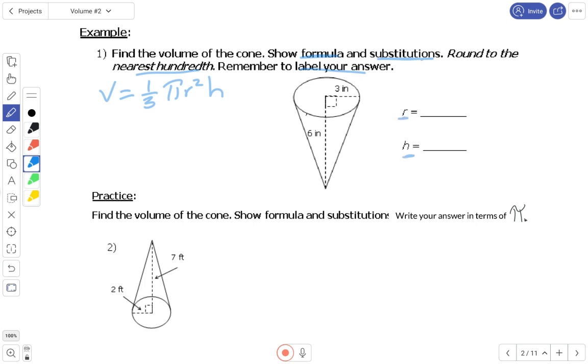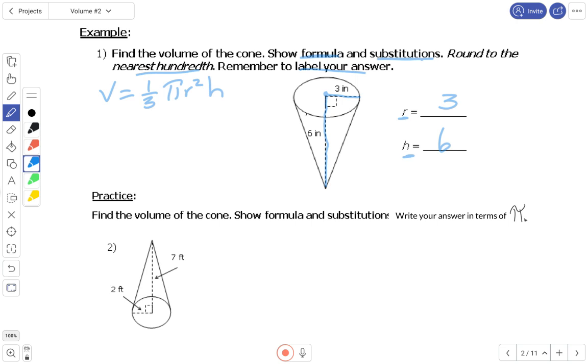So when I look at my diagram, I know the radius is the dimension that goes from the center of the circle to the outside of the circle. So the radius is 3. I know my height goes from the middle of the base straight up to the top of my cone. So the height of this shape is 6 inches.